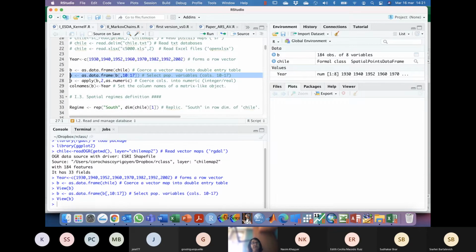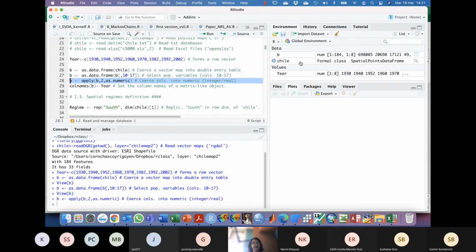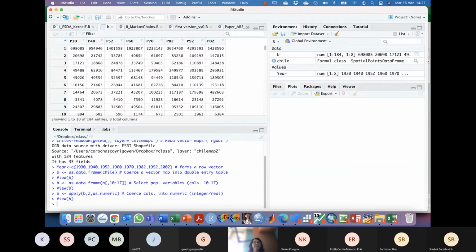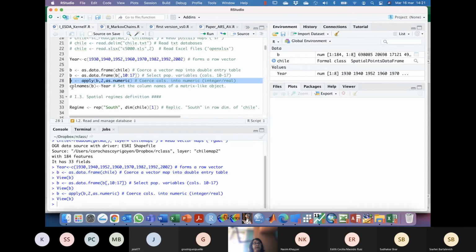Now I must transform the database into a numeric matrix, because it is necessary for the packages. So I transform B into a numeric matrix. It seems the same, but it is not, because here it says num instead of numeric.